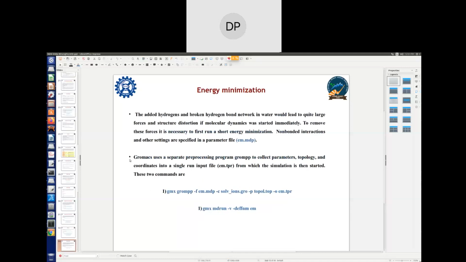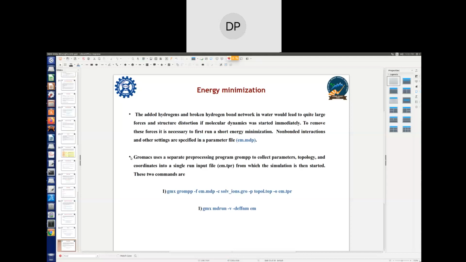After having all these things, like after adding the complex, you need to minimize your system by implementing energy minimization. Why do we need to minimize the system?